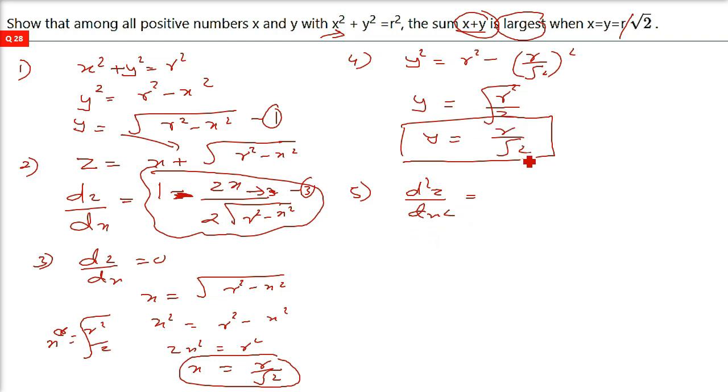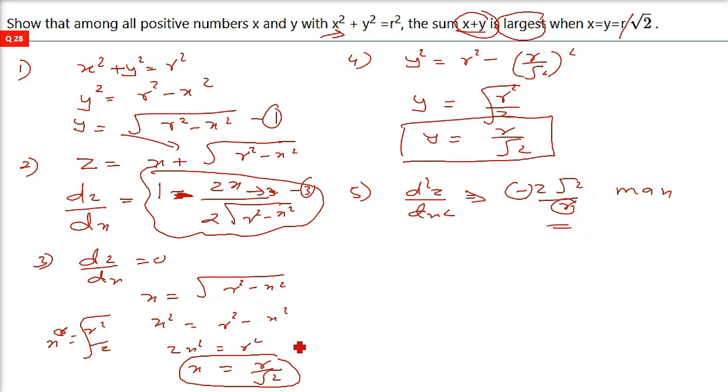Once you get the sign, that sign has to be negative, because the negative sign will signify that you are talking about the largest or maximum value. And when you have a positive value, it is indicating you are going to get otherwise. Now d2z by dx square, again I am just double differentiating. All these are positives, only the negative sign indicates that you are going to get the largest or the maximum value.